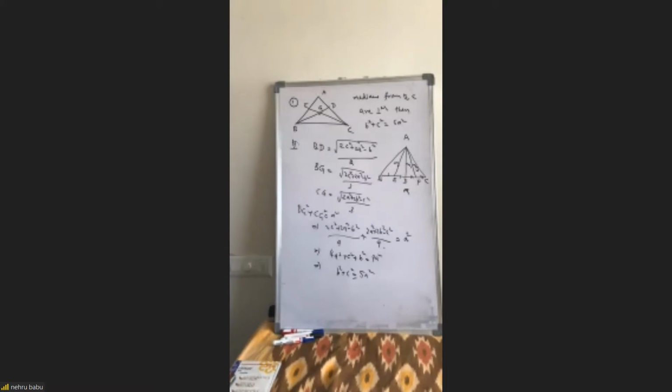So we can directly say M1 is the median of AEF. M1 is the median of AEF also. From there only we'll get it, using Apollonius theorem.